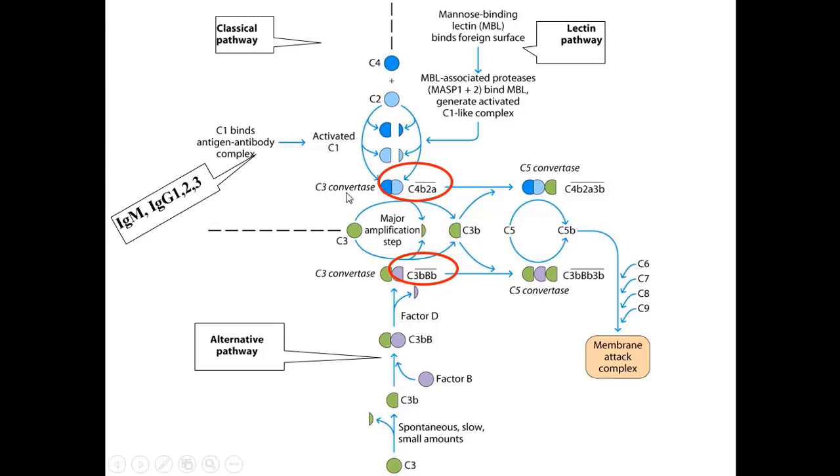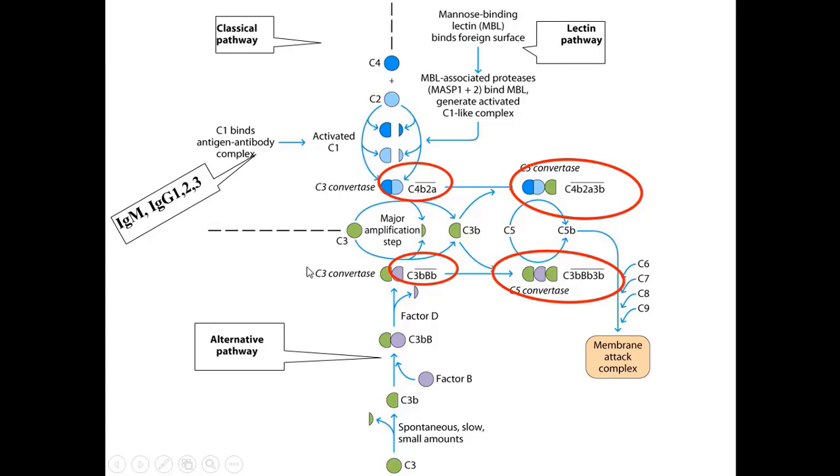For example, here C3 convertase is produced by the classical pathway and lectin pathway, and it is different from the C3 convertase produced by the alternative pathway. And these three pathways also produce another enzyme called C5 convertase, and this C5 convertase is different between the alternative pathway and the lectin and classical pathways.